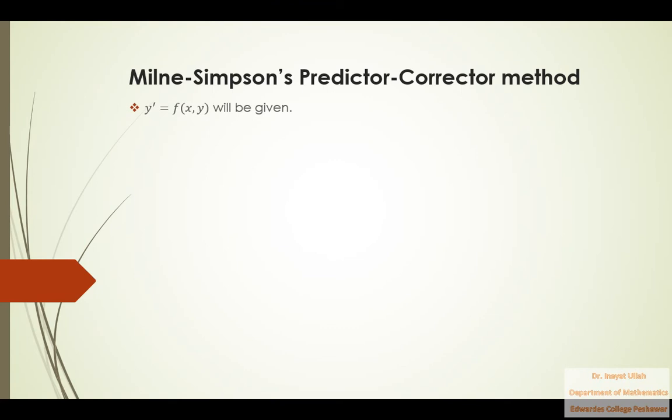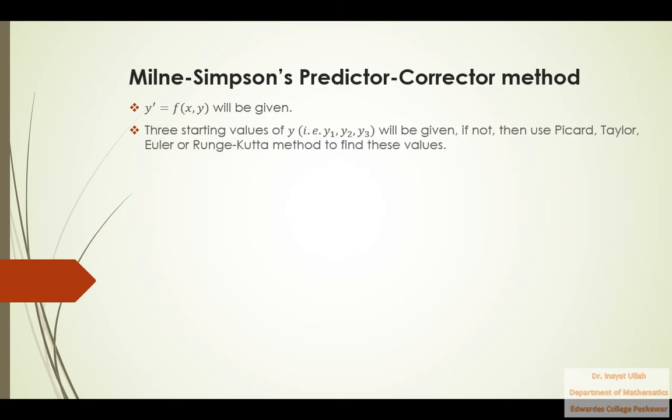The first one, a differential equation y prime is equal to a function of x comma y will be given to you. Secondly, you will be given three starting values of y.